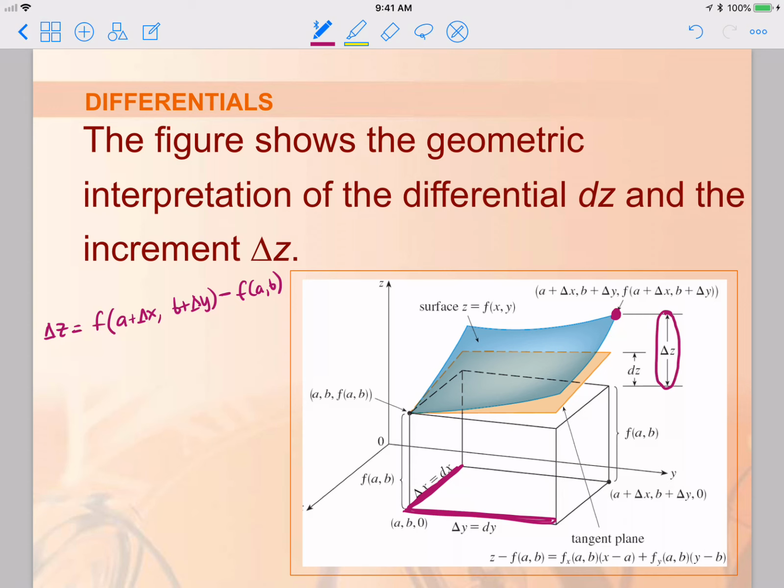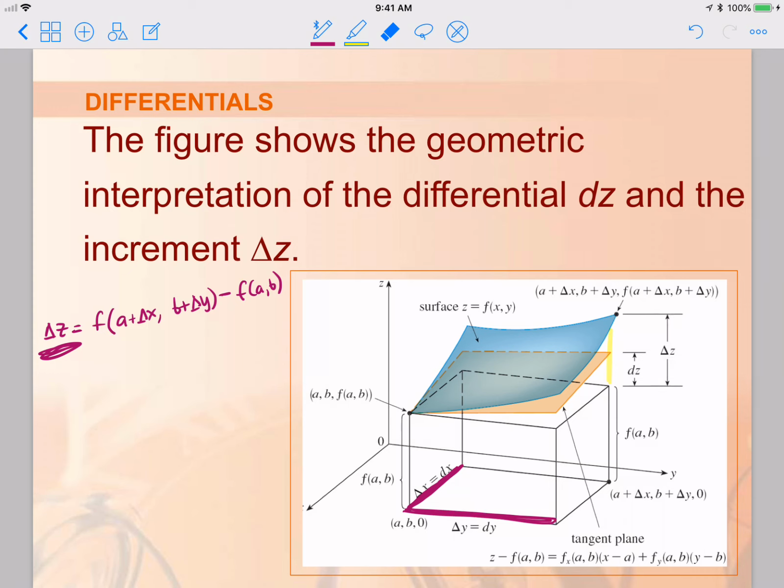So this is the difference between the height here and this height here of f of ab. So if all of this is f of ab and all of this is f of a plus delta x, comma, b plus delta y, then this increment is this distance from here to here. All right, so that's the increment.